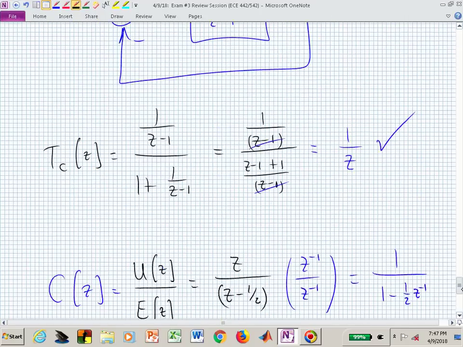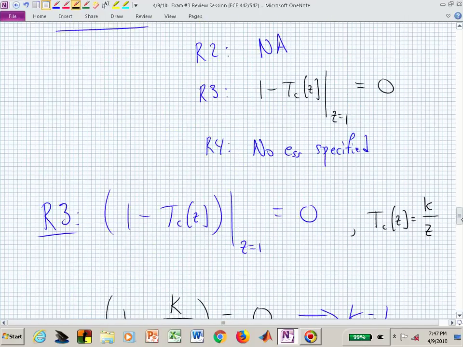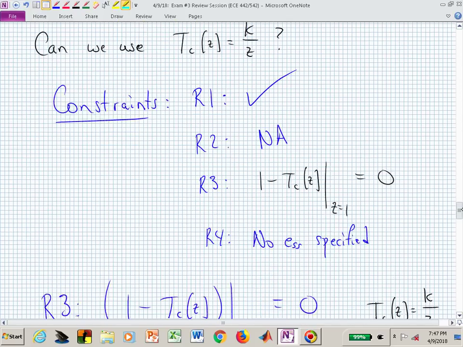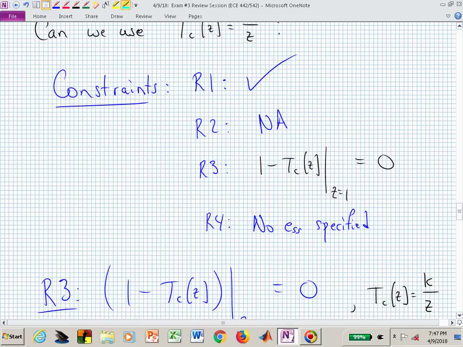So now the question was, what happens if we actually didn't have an unstable pole? What if this was now something else, z minus 3/4, for example? Then restriction 3 is not in play, is it?